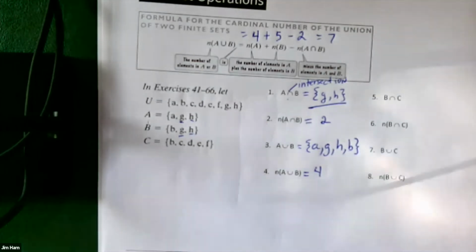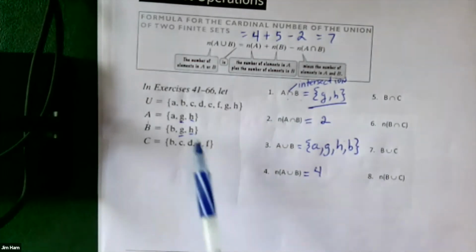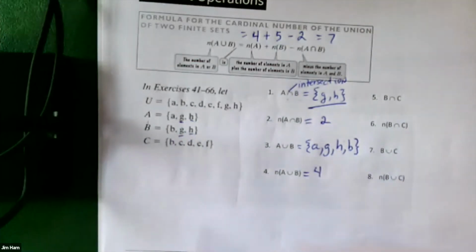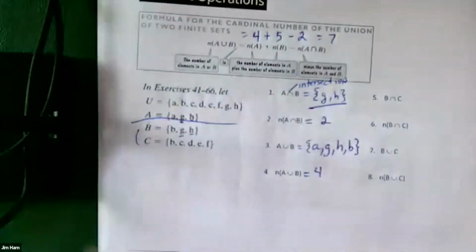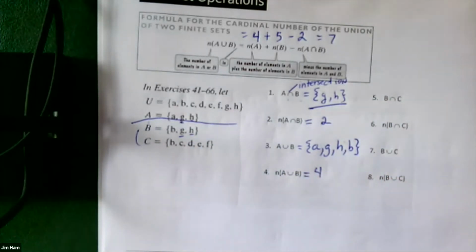Okay, let me give you a minute to do 5 through 8. And then 5 through 8 uses the sets B and C. But same problem, different set. So write down the answers here, kind of using what we did as a model.